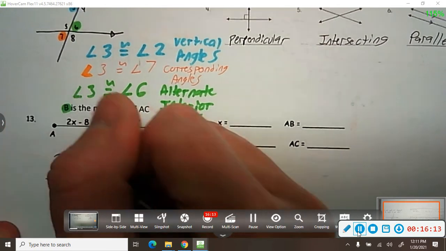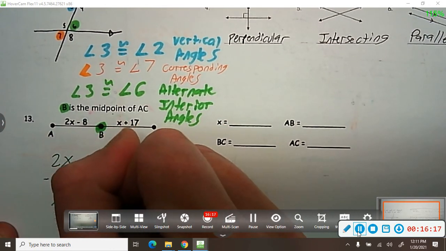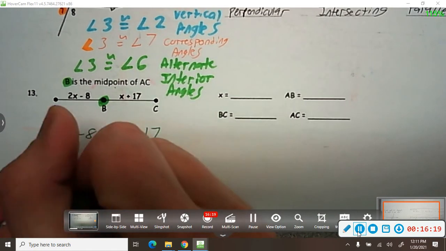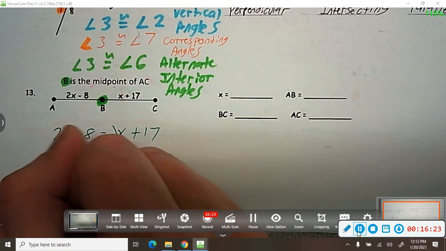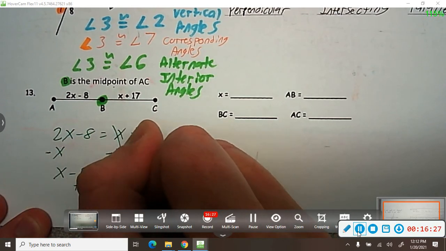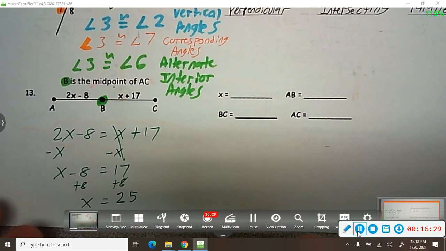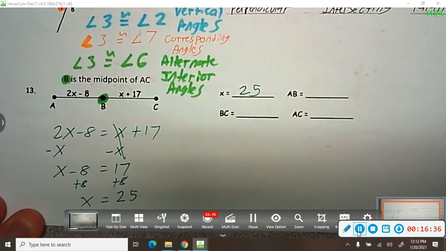There's many ways to solve this. And I get x minus 8 is 17. And then I add 8 to both sides. And I get 25. So what is x? X is 25. Be careful. They don't always ask for x.